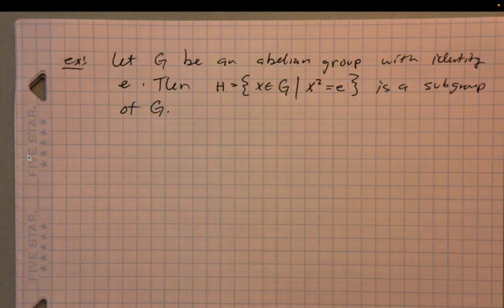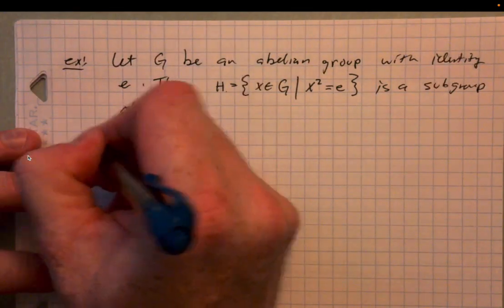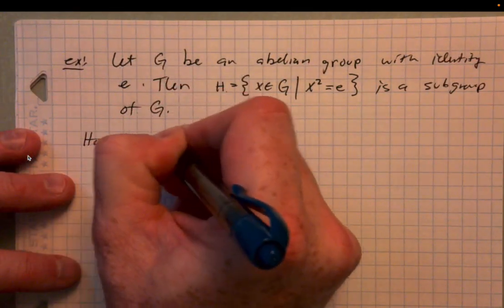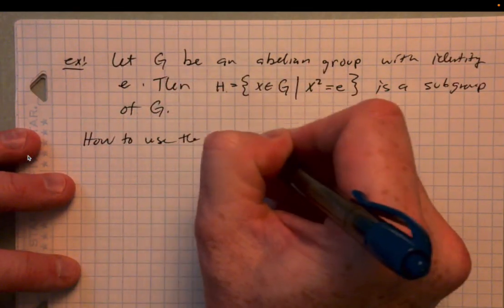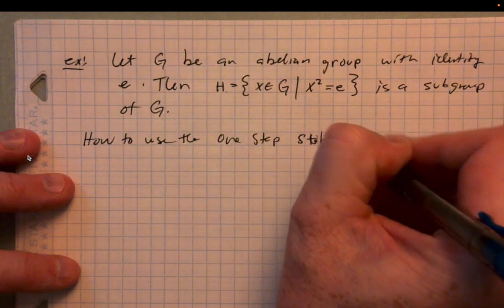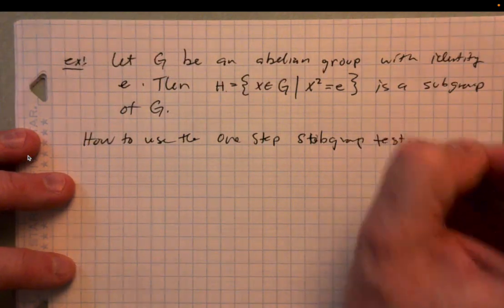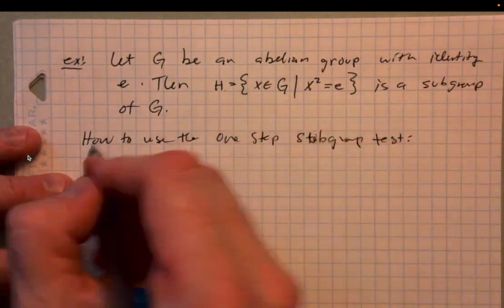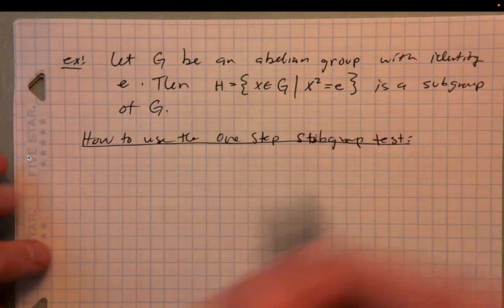How can we use the previous theorem, i.e., the one-step subgroup test, to see that this is indeed a subgroup? Okay, so how to use the one-step subgroup test. We'll just go through this as kind of a working example.